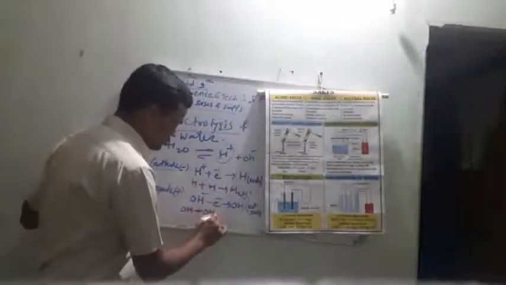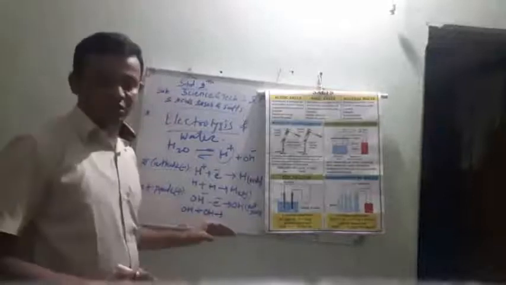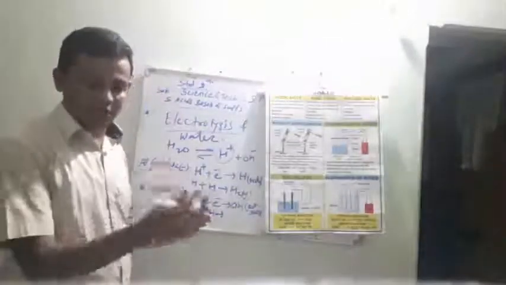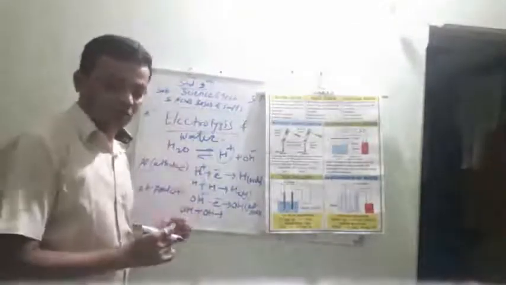So it adds with another OH or hydroxide ion. So after the addition of this another OH, what products are formed?